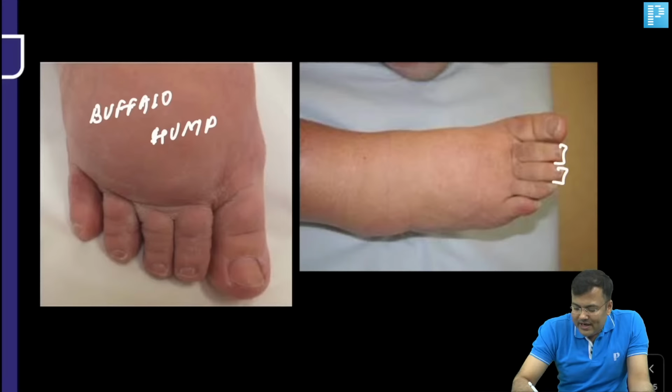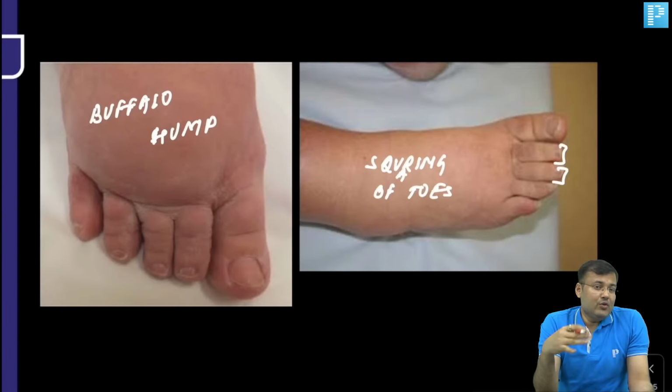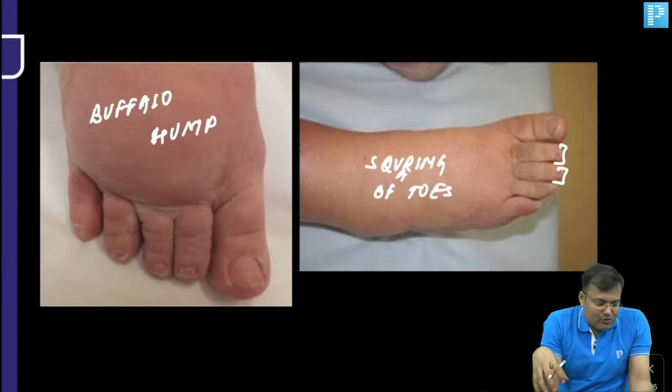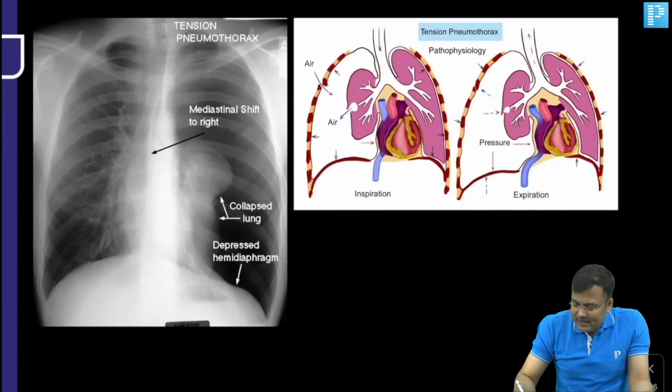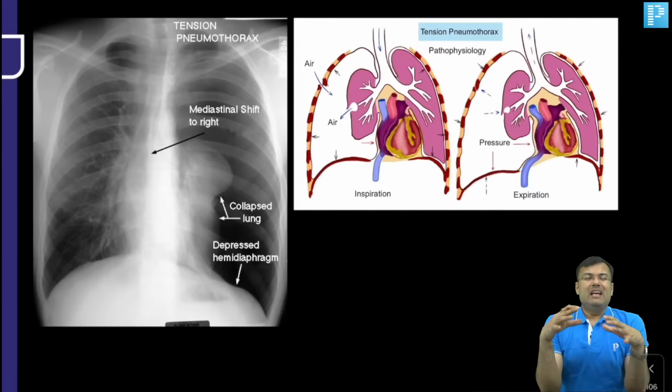This is known as squaring of toes. So, I am repeating, there is Stemmer sign, skin overlying the toes cannot be pinched, swelling over the dorsum of foot known as buffalo hump, and squaring of toes because of prolonged confinement of the foot into footwear.